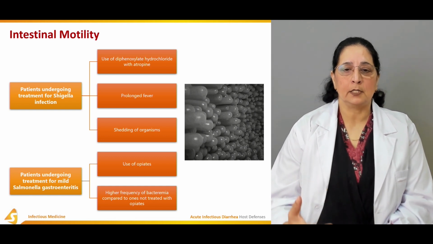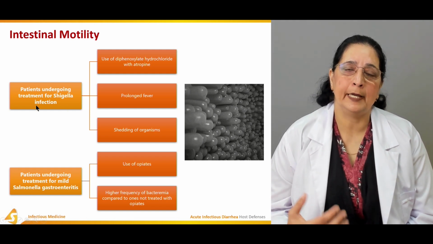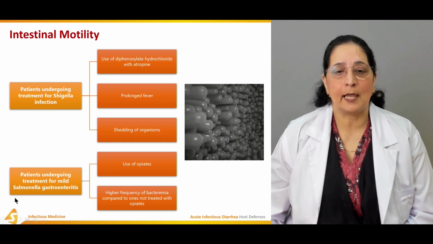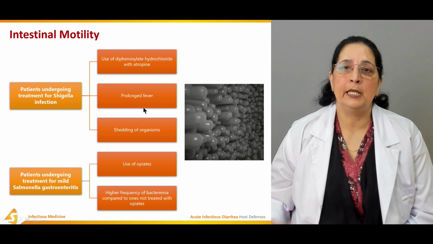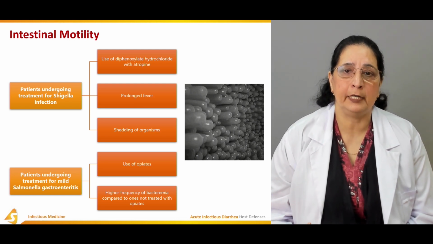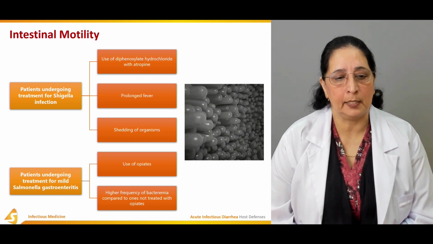So these are some effects. If patients are getting such treatment for Shigella and Salmonella, they usually have prolonged fever, prolonged infection, and prolonged shedding of the organism, and similarly for the Salmonella treatment.